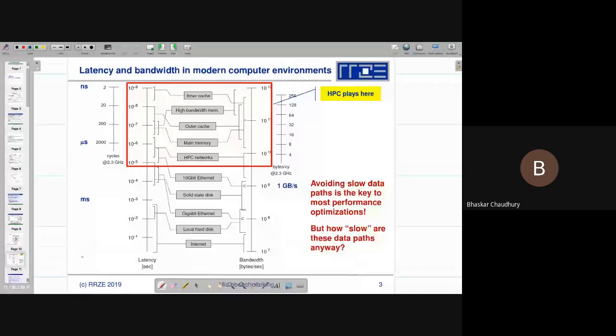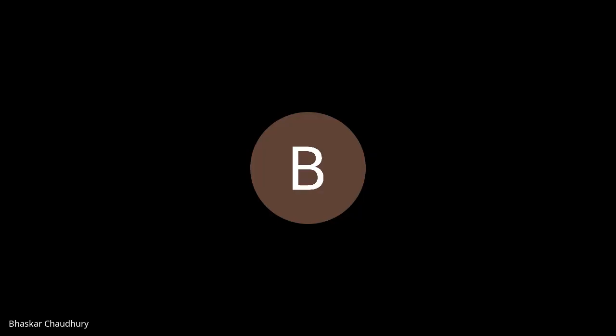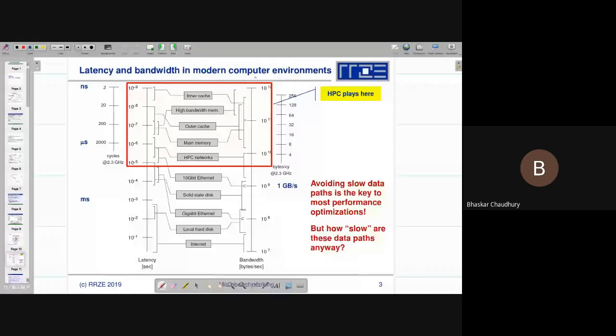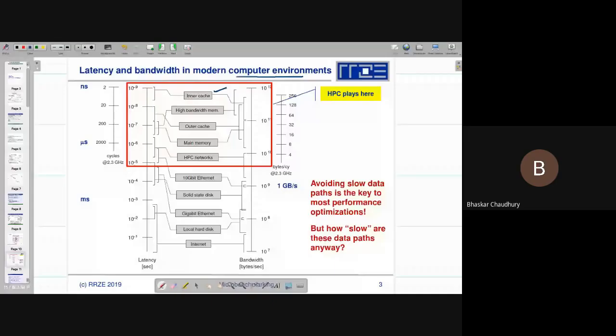So if you look into the latest, more complete diagram, that tells you the complete latency and bandwidth picture in a modern computer environment. So what are the important data paths? There is the inner cache, then there is the outer cache. In some special processors like GPUs, you also have high bandwidth memory.